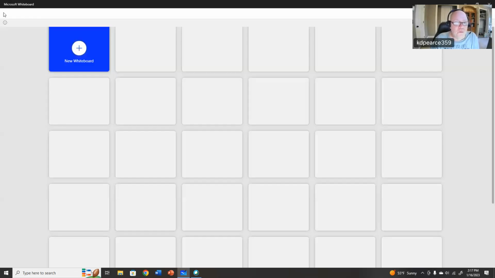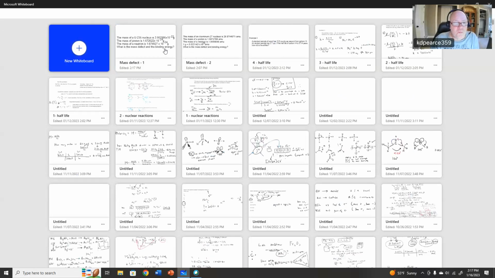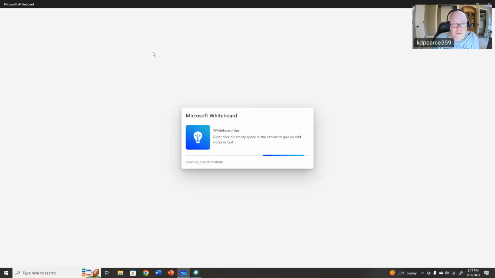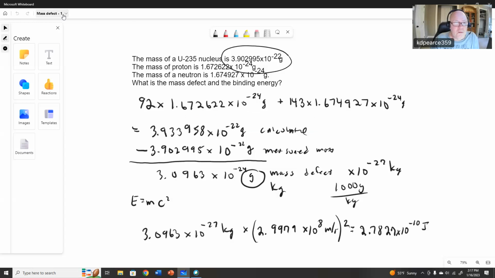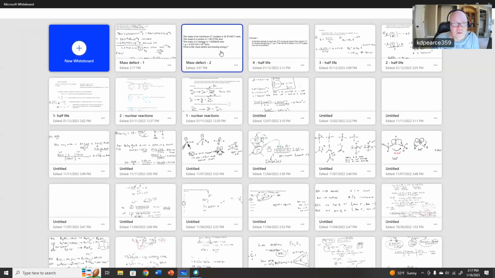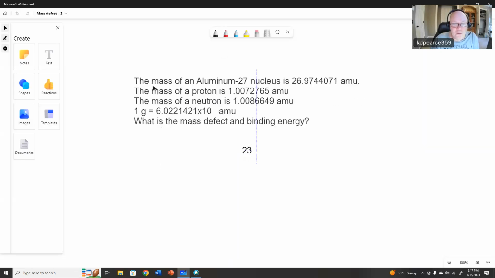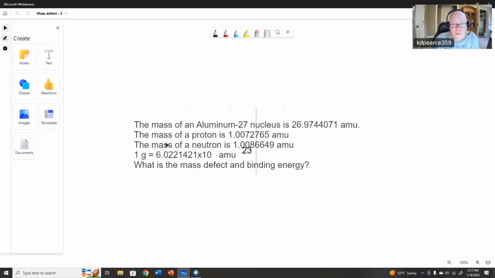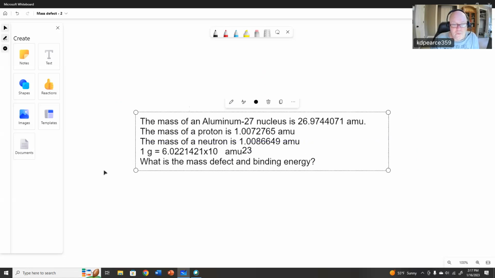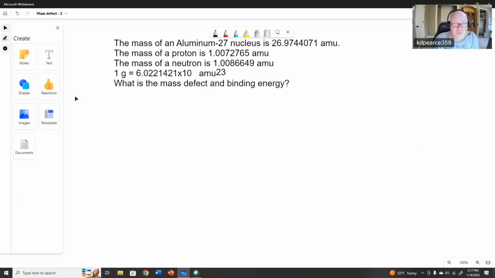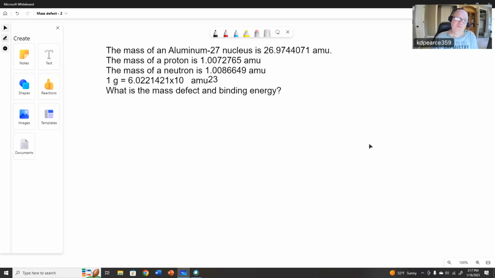Now let's do a similar problem, except this time we're going to do it in AMUs. Let's go back to slide number 2. So we have an aluminum 27 nucleus, and it has 26.9744071 AMUs.